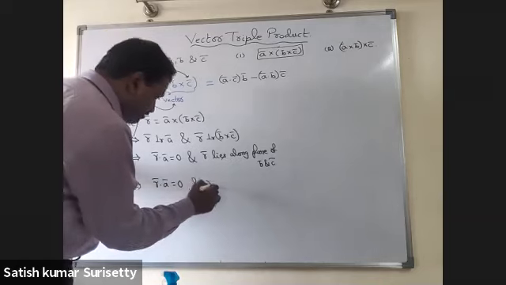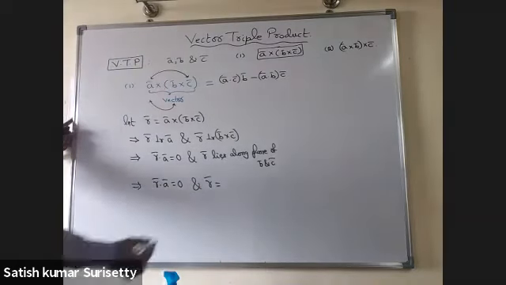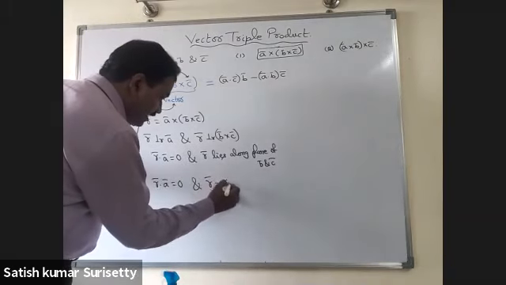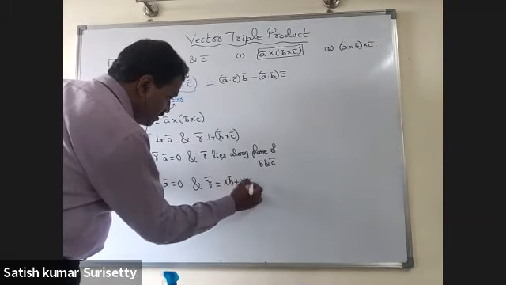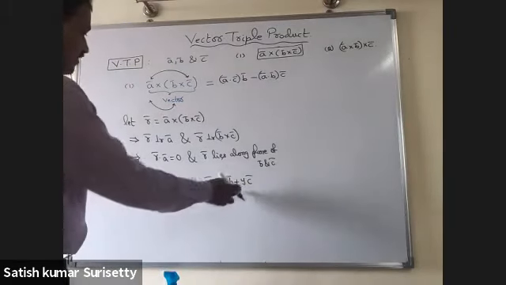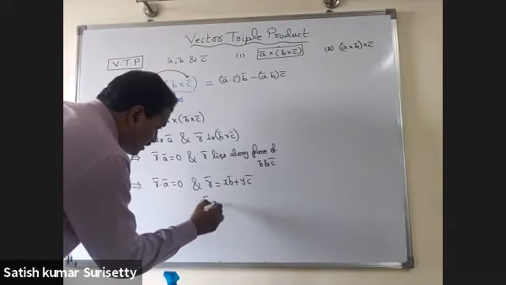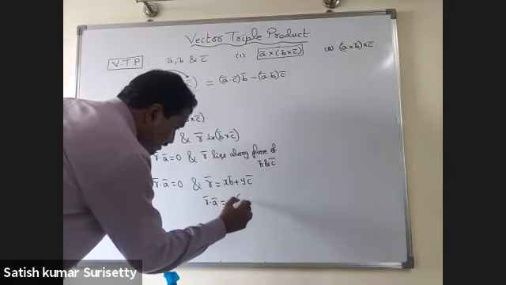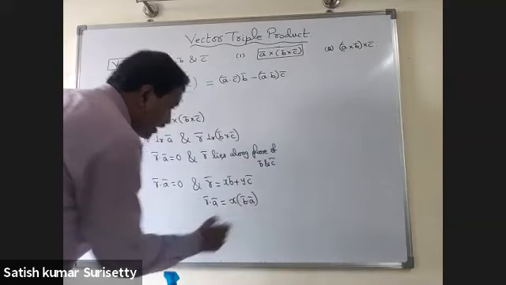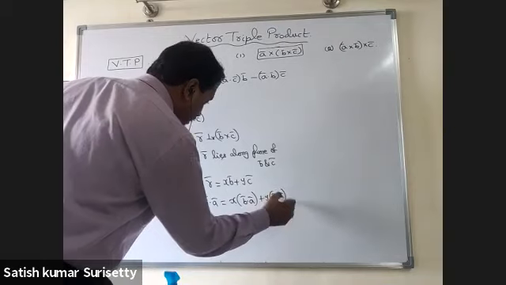Then I can write any vector as a linear combination of the other two vectors. That means I can write R bar as X B bar plus Y C bar. Now let us take the dot product with A. So R bar dot A bar equals X into B bar dot A bar plus Y into C bar dot A bar.